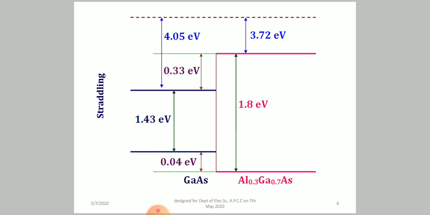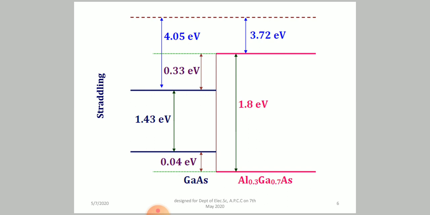Now what is delta EG? If I subtract, it is 0.37. Now from the figure, delta EG, that is the difference of the band gap, is numerically equal to delta EC, that is the difference of the conduction band, plus delta EV, that is the difference of the valence band.